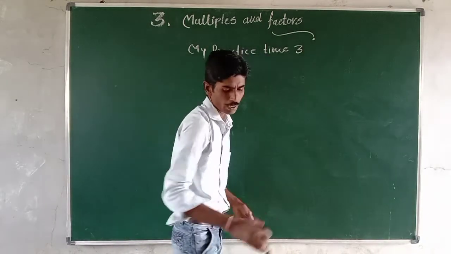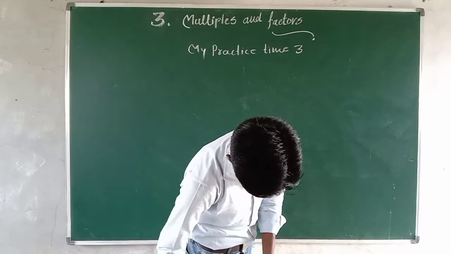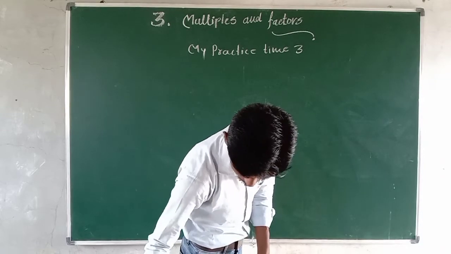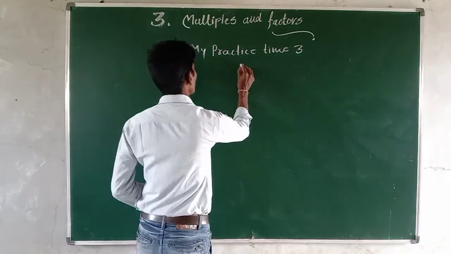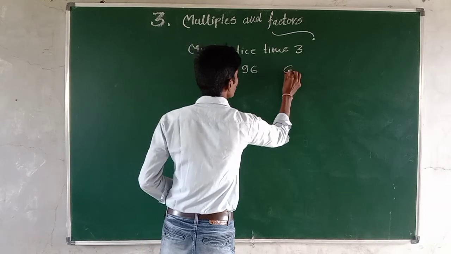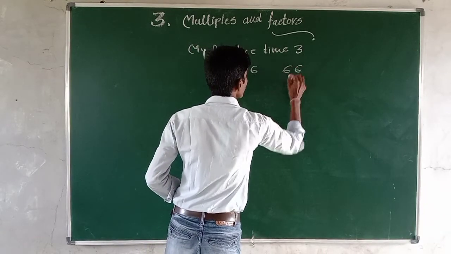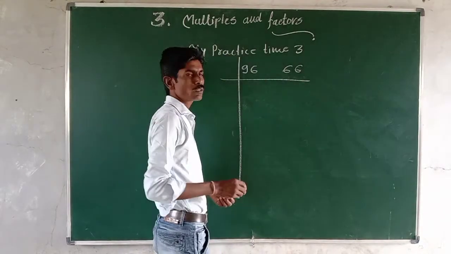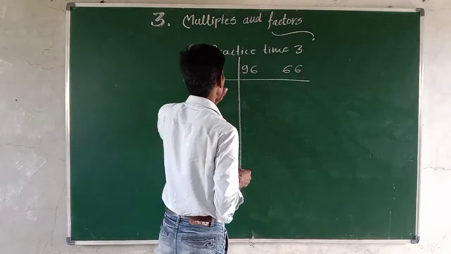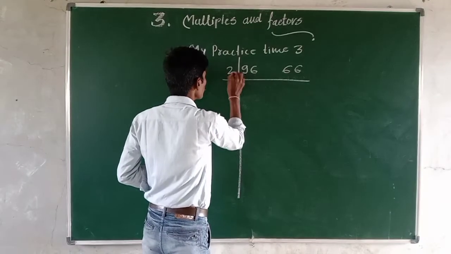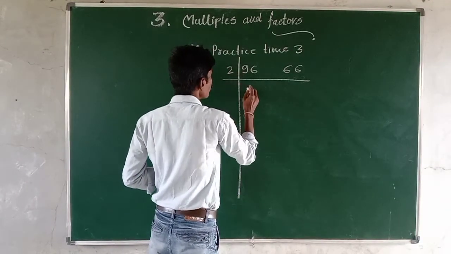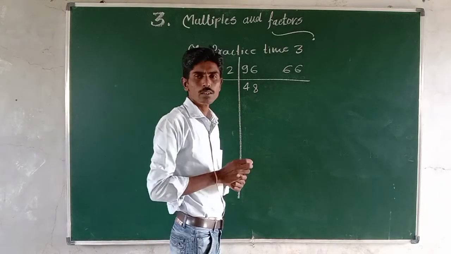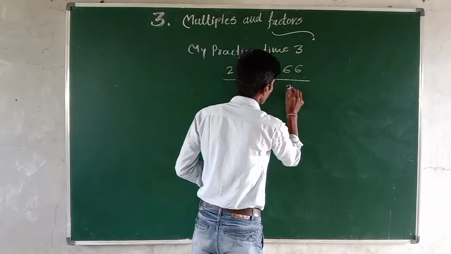Again, we will take another example, that is 96 and 66. There is a 6 in the ones place of both, that's why we can divide by 2. So 2 2s are 4, 2 48s are 96, then 33.